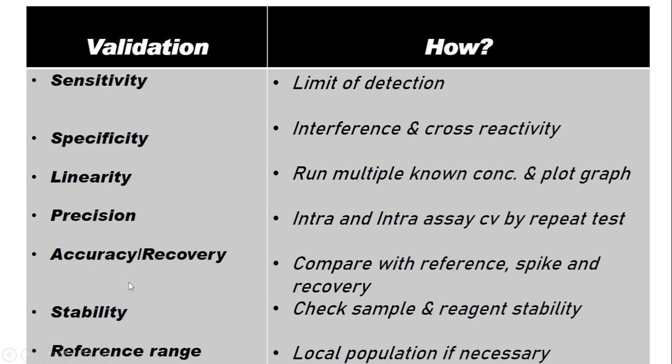And for recovery, spike the sample and calculate the recovery percentage. The ideal recovery percentage is 100%. For stability, check sample and reagent stability at different levels of temperature, pH, humidity and others. And reference value can be established according to the local population if necessary.